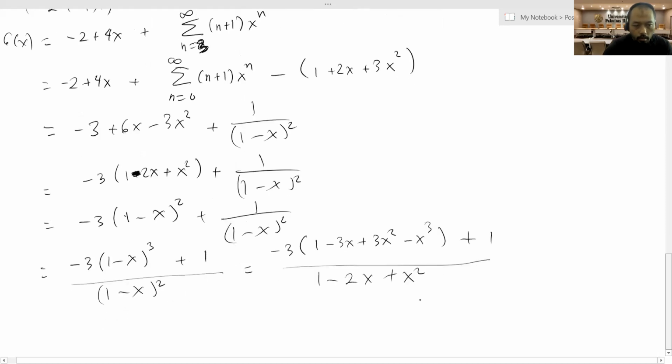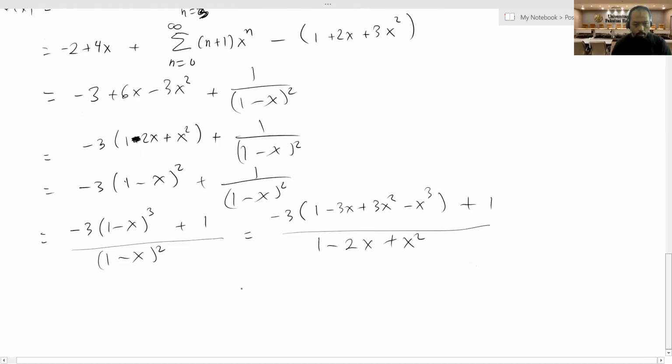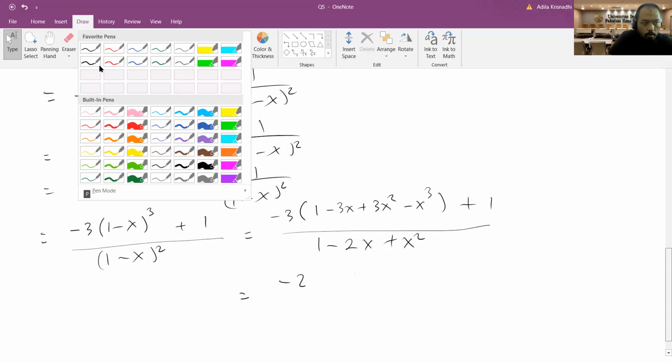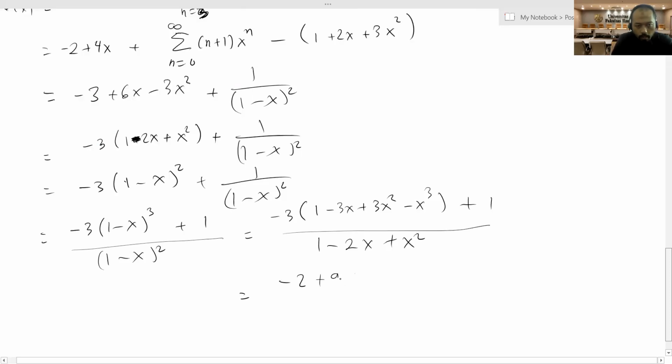And finally this is equal to minus 2 plus 9x minus 9x squared plus 3x cubed over 1 minus 2x plus x squared.